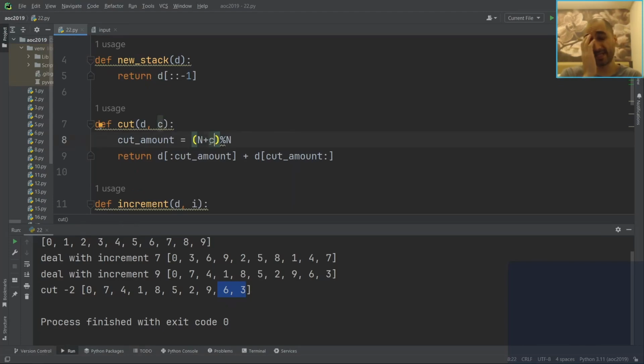Hang on. So if we've got -1, cut -1, we want the cut amount to be the size of the array n, -1. No, that's fine.